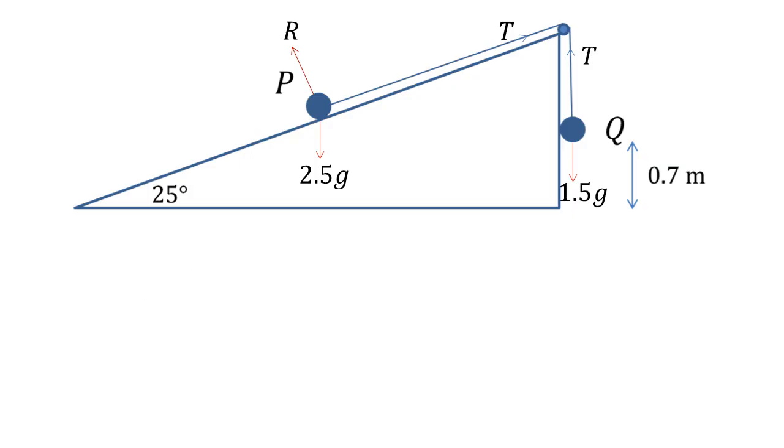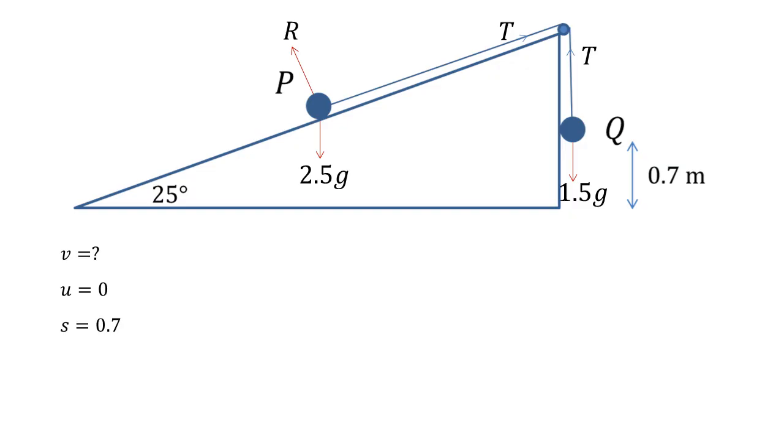The final part of our question is to work out the final velocity of Q at the point where it hits the ground. And to do this, we're assuming that P doesn't reach the pulley. So Q is moving under the forces of our diagram for the whole of the movement. We're going to use some SUVAT equations for this because we're looking for the final velocity, which we're going to call V. We know the initial velocity is 0 because we were told it's stationary to start with.